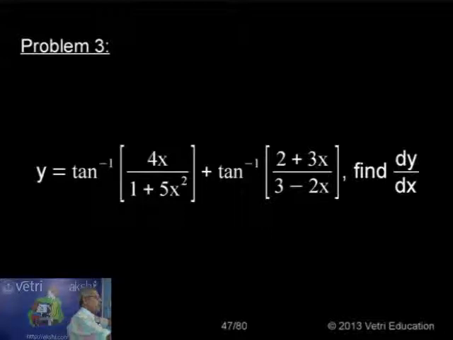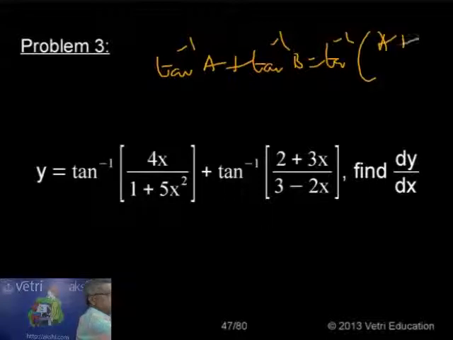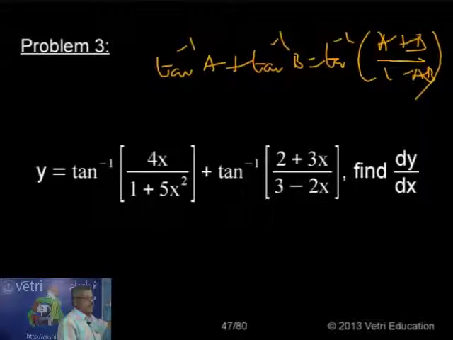So, we have this formula: tan inverse a plus tan inverse b is nothing but tan inverse (a plus b) by (1 minus ab). So, if we have tan inverse (a plus b) by (1 minus ab), we are separating this. While separating, what happens? One will be constant, and you can differentiate the other function.